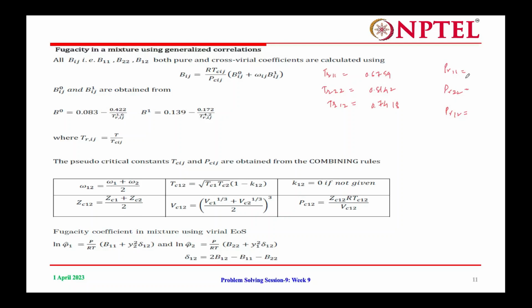And for PR11 equal to P divided by PC11, similarly for the others: 0.8166, 1.098, right, and 1.74.